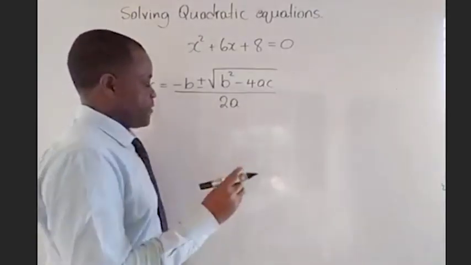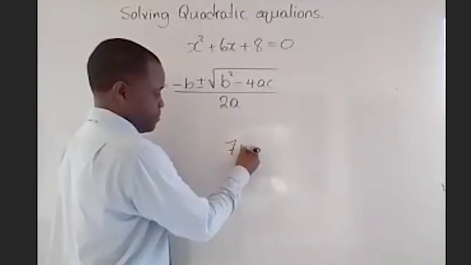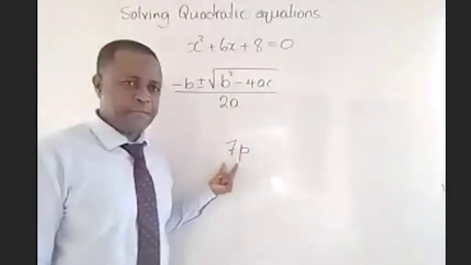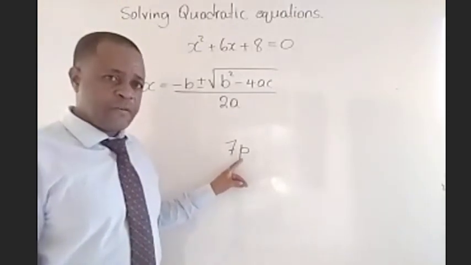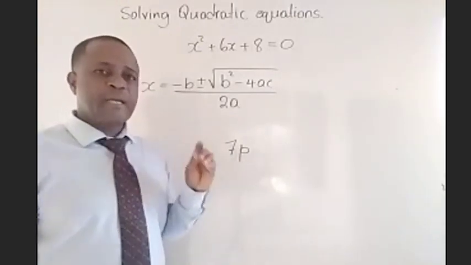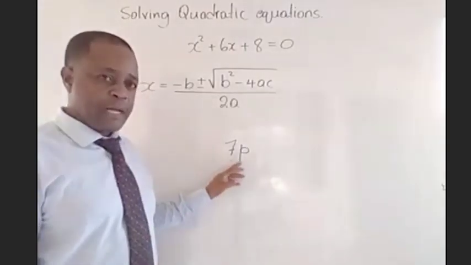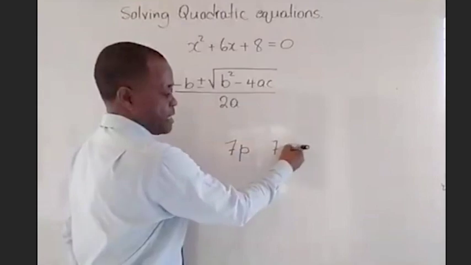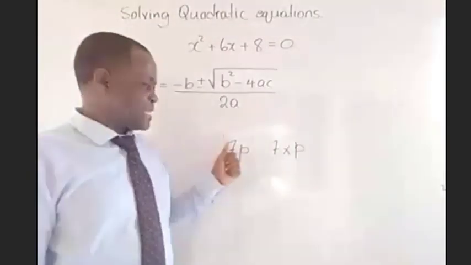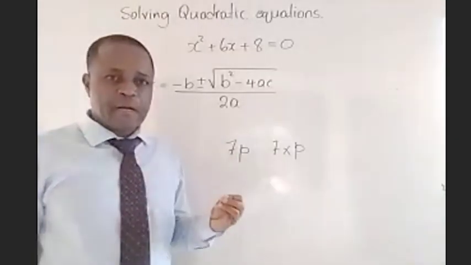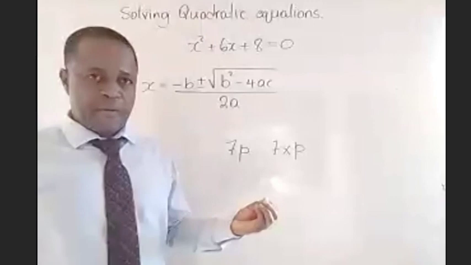Now, if I should give you, say, 7p, this is a term. 7 is connected to the variable p by a multiplication sign, because we could have written it as 7 times p. 7 represents the numerical coefficient, while p represents the variable.